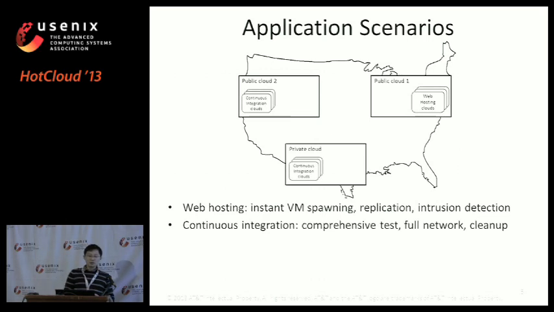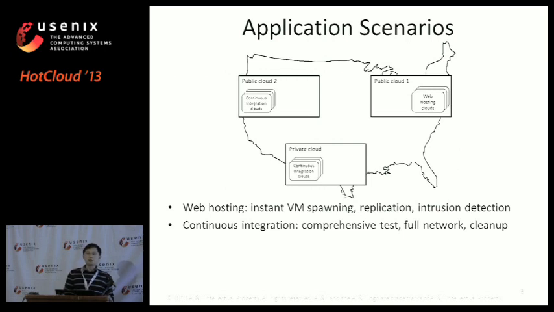The second example involves doing continuous integration. Continuous integration here means to test and debug your cloud platforms, maybe open source, maybe not, to find potential problems. As this figure shows, you can run multiple continuous integration clouds on both private and public clouds.